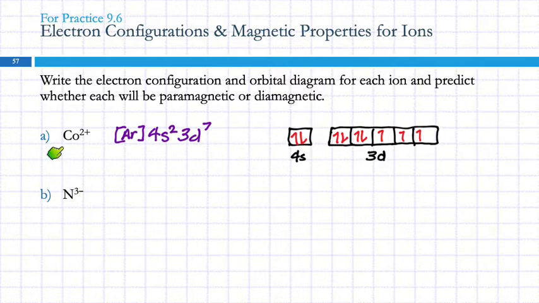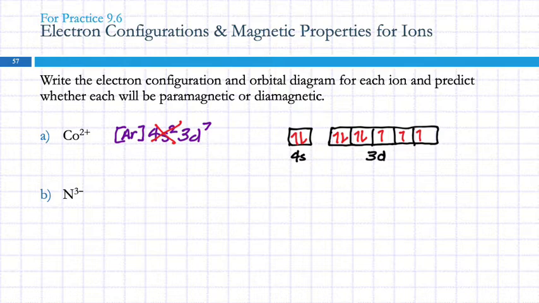So cobalt 2+. How many electrons do we lose? 2, right? Which ones do we take off, from the 3d or from the 4s? We're going to take the 4s electrons off because these are the valence electrons. So those are the ones we're getting rid of.